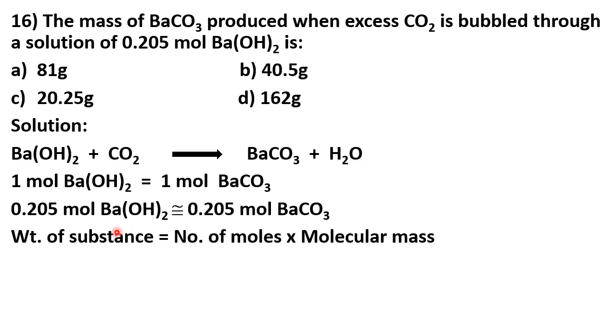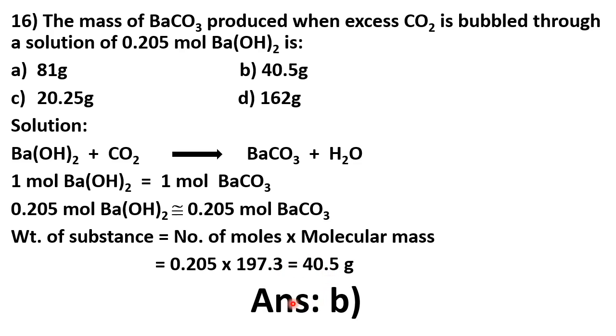The weight of the substance can be calculated by multiplying the number of moles with the molecular mass. The number of moles is 0.205, the molecular mass is 197.3. Therefore the weight of the substance is 40.5 gram. So the correct answer is option B.